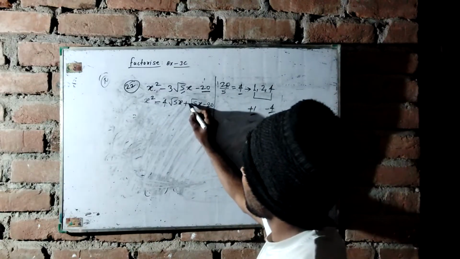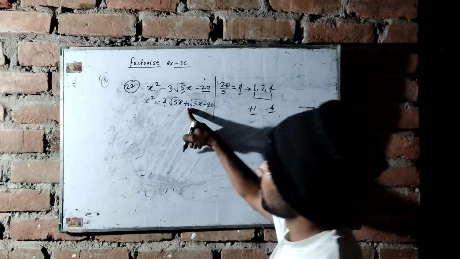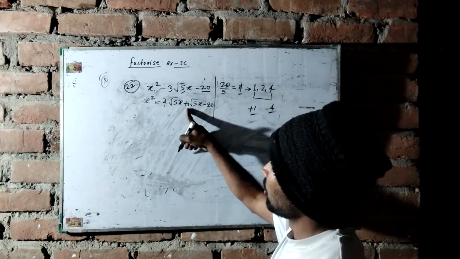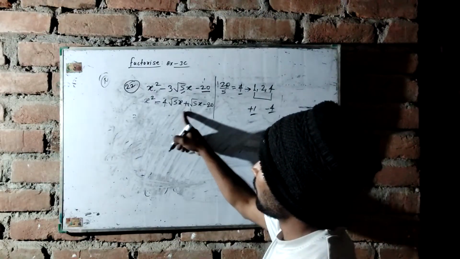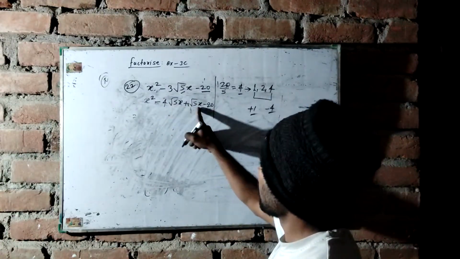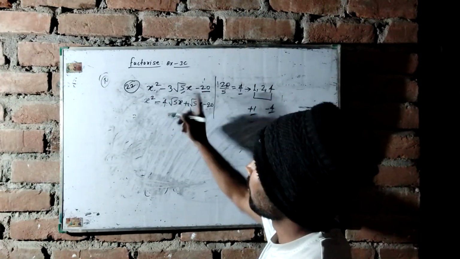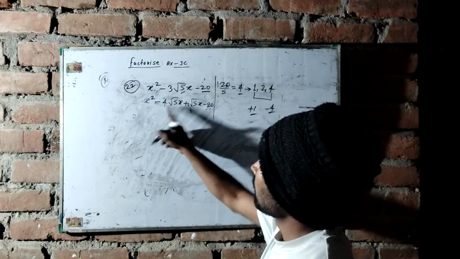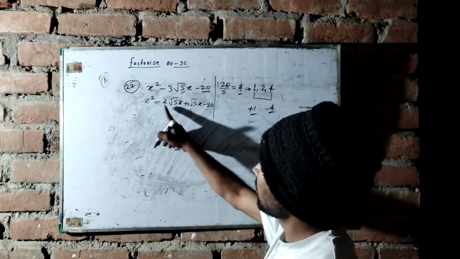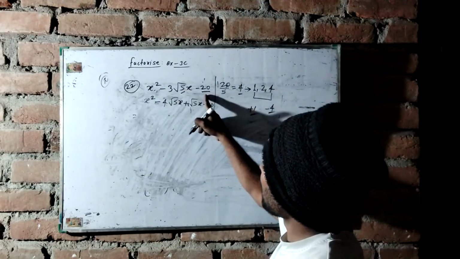You can consider 1 as here. So minus 4 plus 1 will be minus 3, and under root 5 as a common. So you can consider their sum will be minus 3 under root 5x and their product will be minus 20.